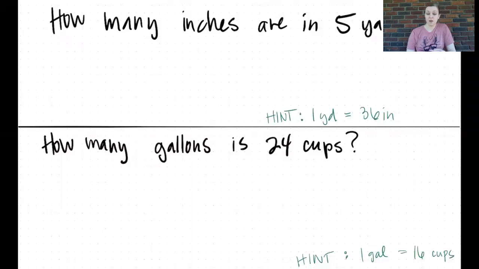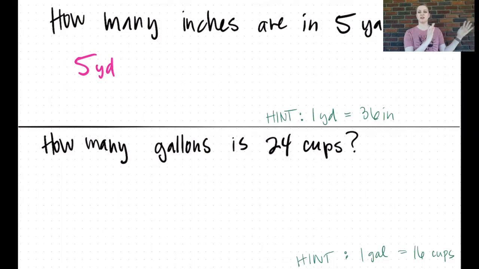All right, so hopefully you did that, and I'm going to go ahead and solve. How many inches are in 5 yards? 5 yards is the bigger measurement here, and I know that in just 1 yard, there's 36 inches. So in this case, I am going to multiply, because if I have 1 yard with 36, that's 36 inches 5 times.